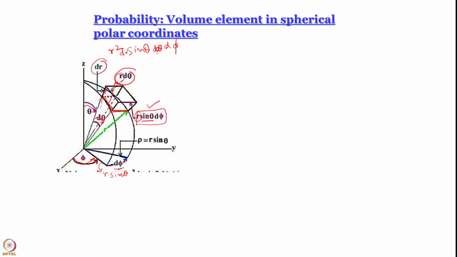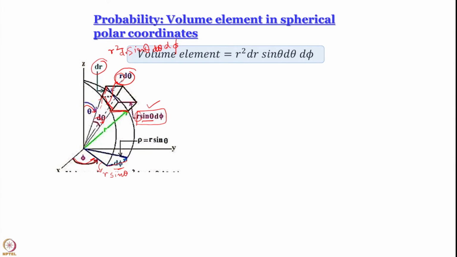You take the heaviest thing in the universe, if its volume is 0, it is not even there, so mass is 0. Similarly, probability is a product of volume and probability density. If the volume itself is 0, then even for a high probability density, probability will be equal to 0.